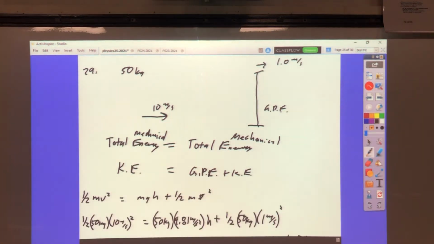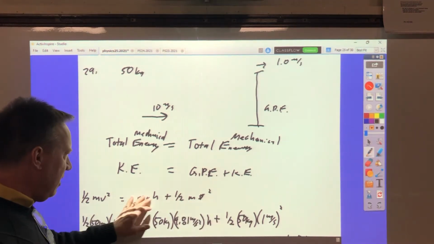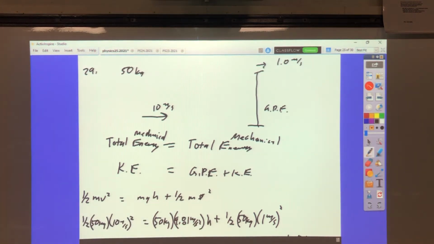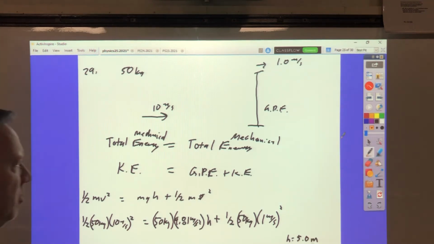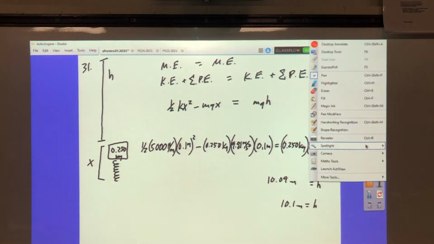So 1/2 mv squared equals mgh plus 1/2 mv squared, and you have everything but h. Solve for h, and it comes out to be 5.0 meters.